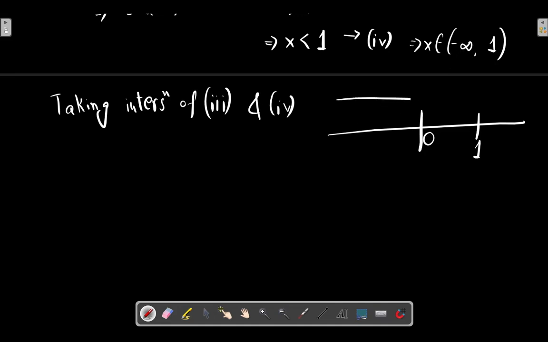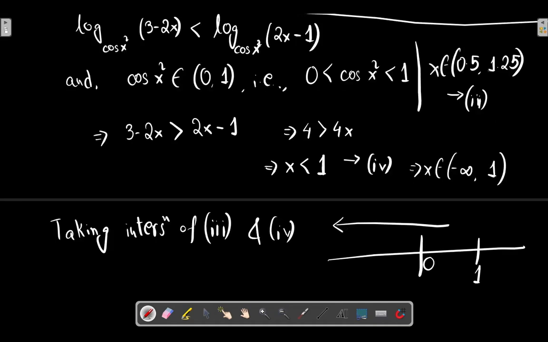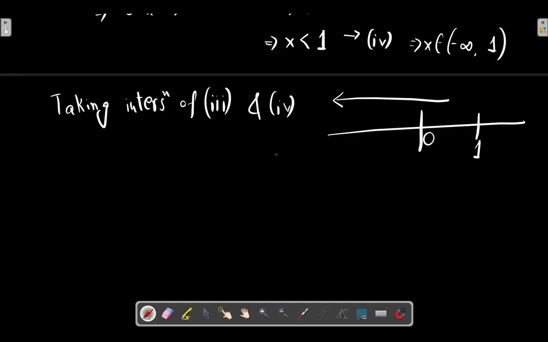So this entire region is the solution of 4. Whereas 3 says that x lies in this region, from 0.5 to somewhere here, 1.25. This is the region where x belongs.